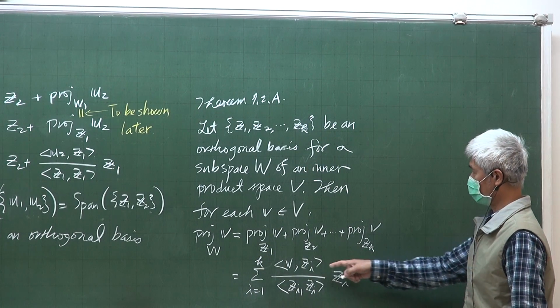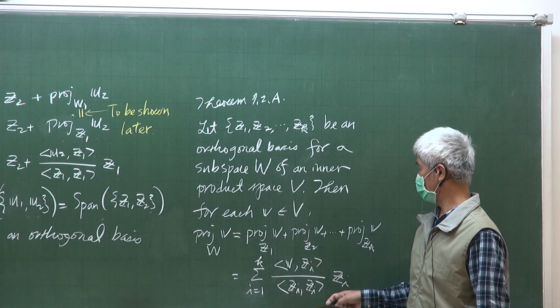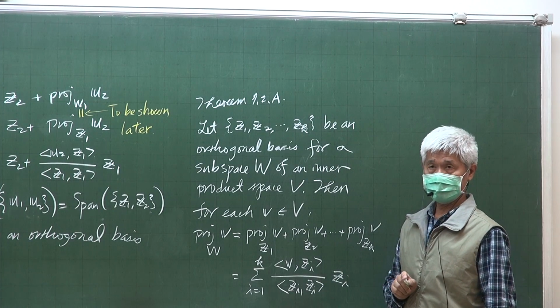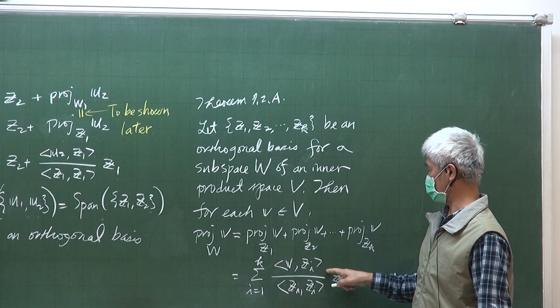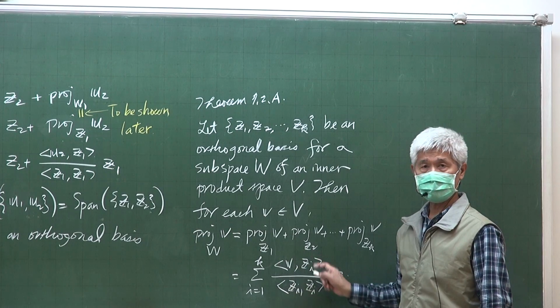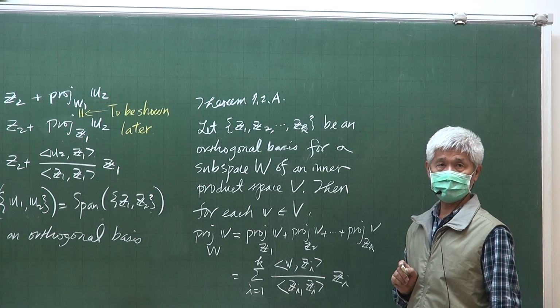So that would be a linear combination of the Zi's in the orthogonal basis, and the coefficient here is just this ratio.